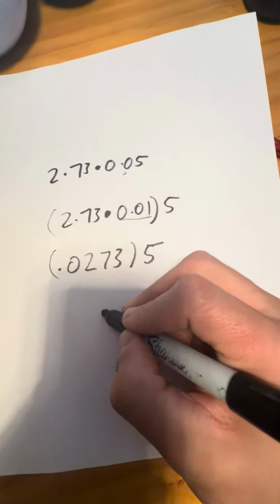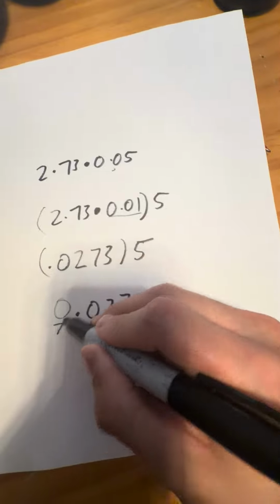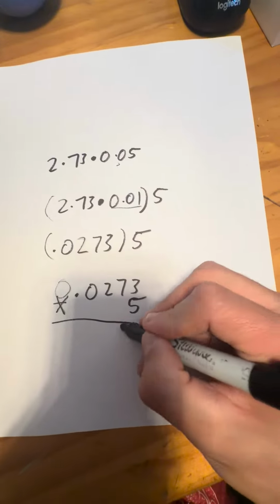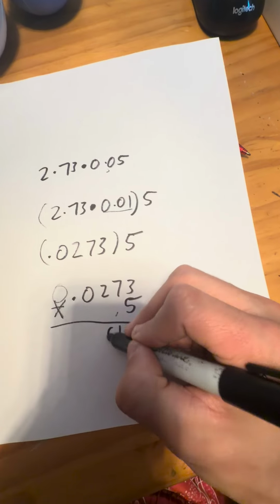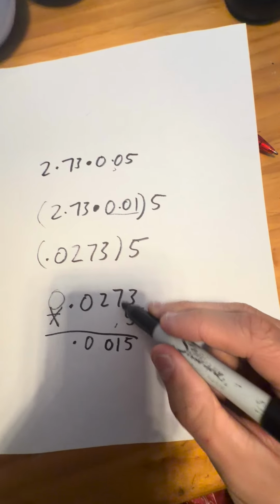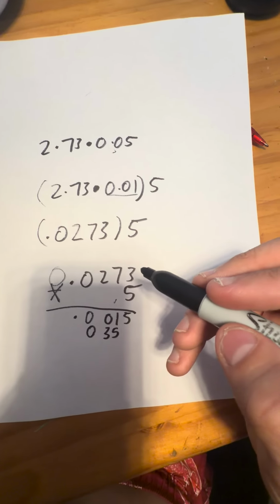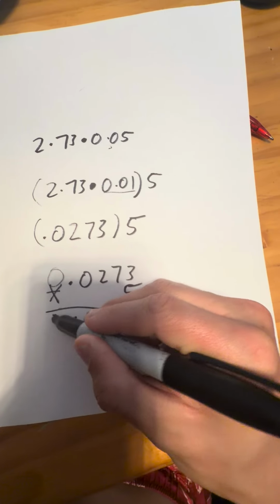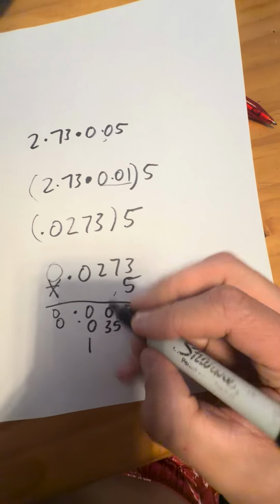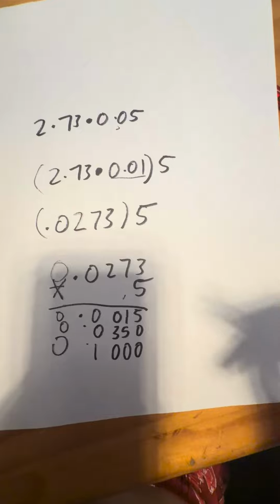Okay, we're just going to do the same thing again. 5 times 3 is 15, and then add the zeros. 5 times 7 in this column is 35, and add the remaining zeros. 5 times 2 in this column brings it over here.